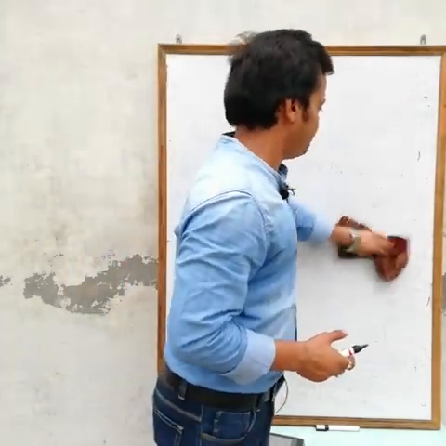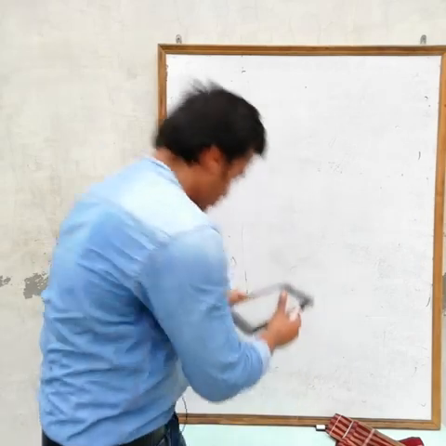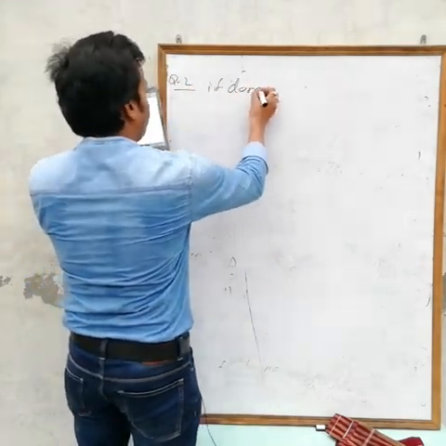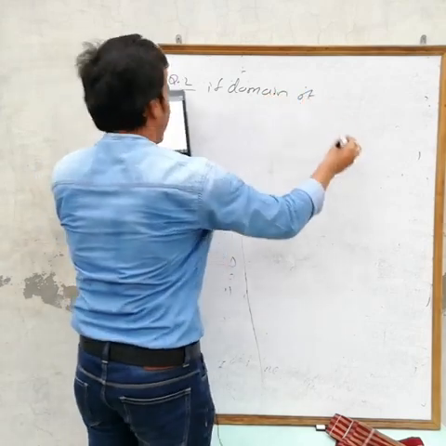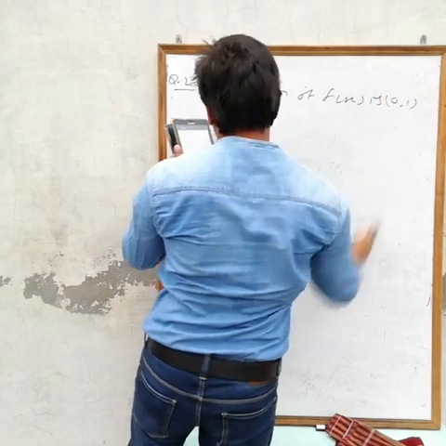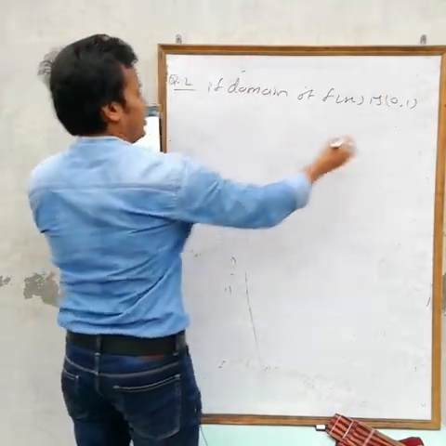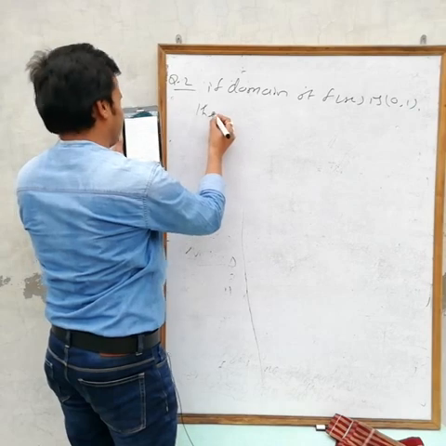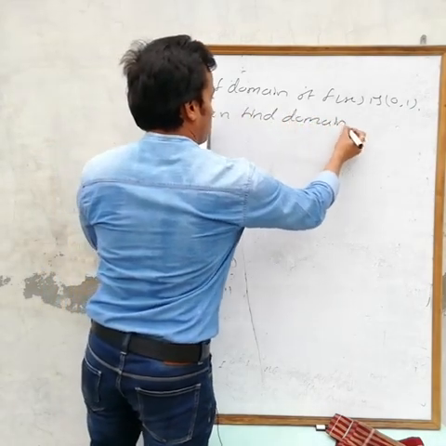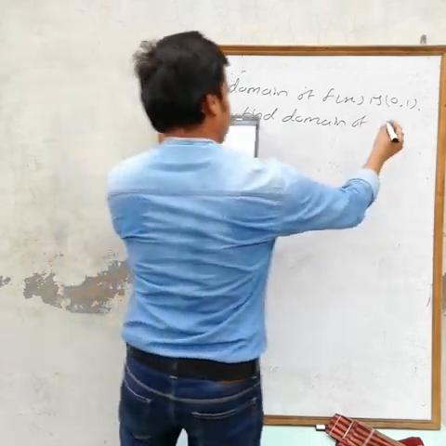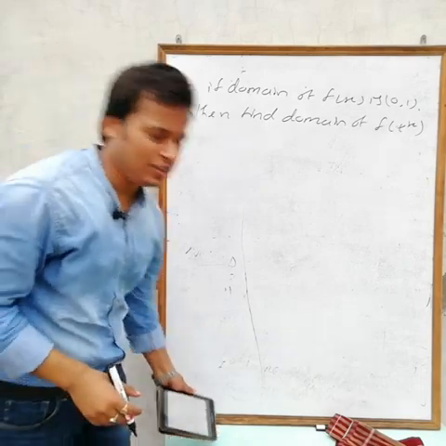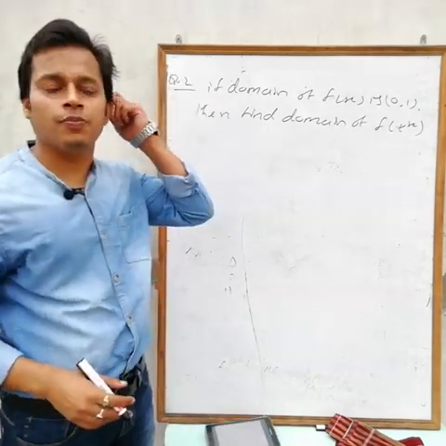Now next question. If the domain of f(x) is [0, 1], then find the domain of f of e power x.